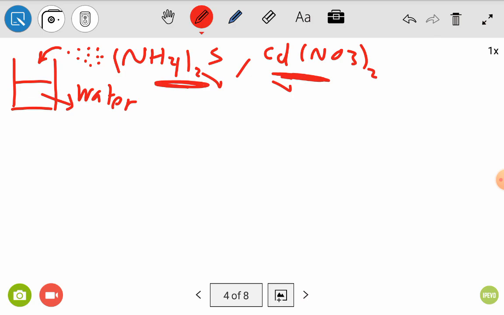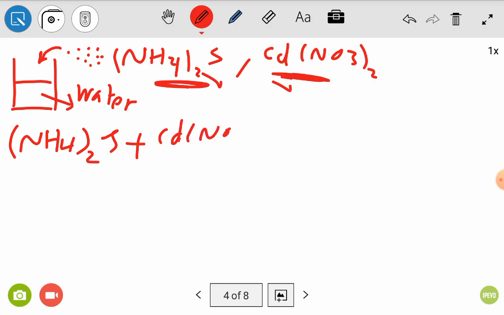Let's find out. I'm going to say that (NH4)2S, the ammonium sulfide, is added to cadmium nitrate, using water to perform dissociation or a dissolving process.